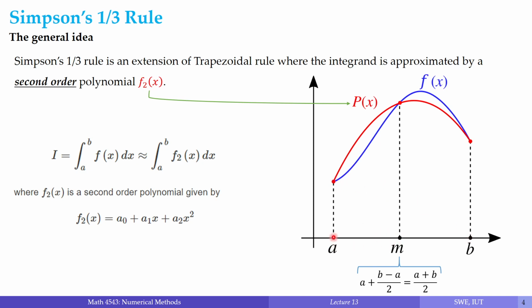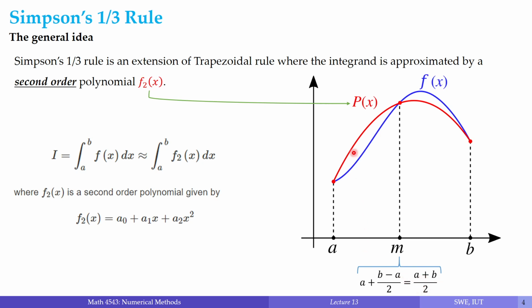The middle point between two limits a and b is (a plus b) by 2. The span of the interval is b minus a, and if we divide it by 2 we get (b minus a) by 2. If we add that to a, the lower limit, we get the middle point, which is (a plus b) by 2.